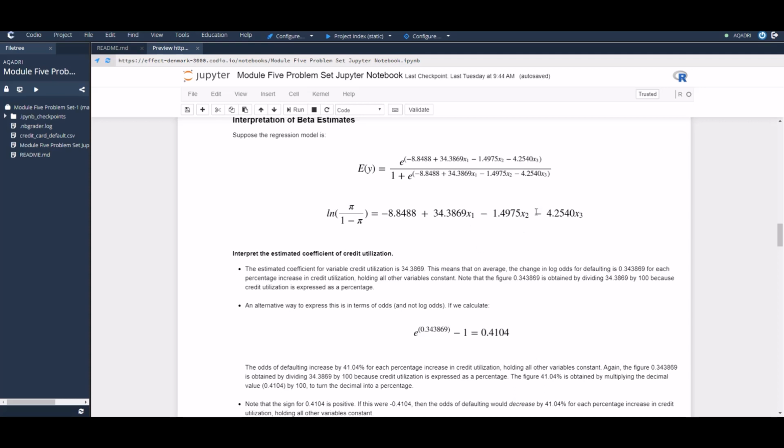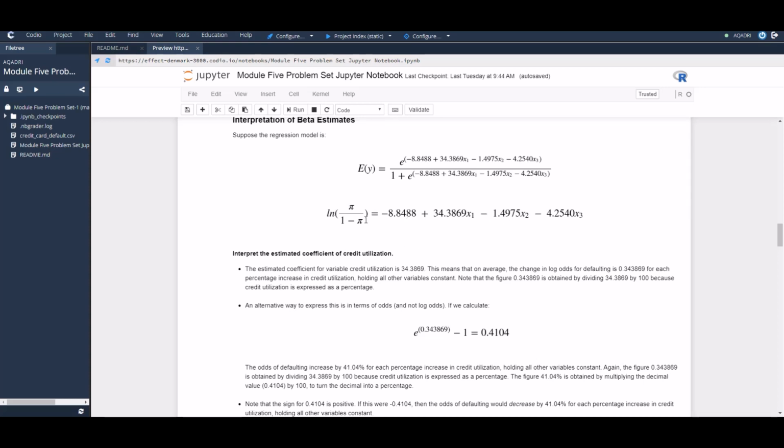So for example, let's just imagine that x2 was a quantitative predictor, and the beta coefficient estimate here is minus 1.4975, right? Then x2 was not a percentage. It was just numbers. So the interpretation would be simple.